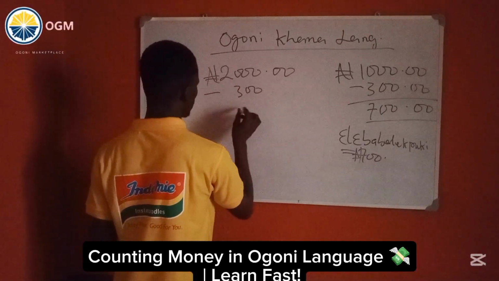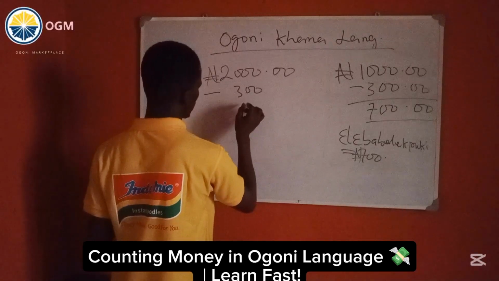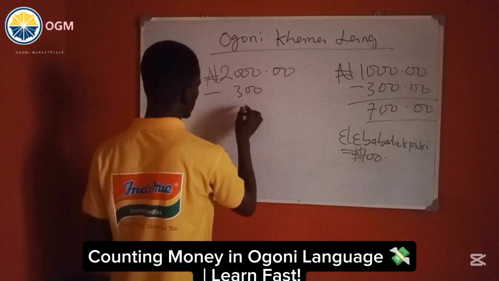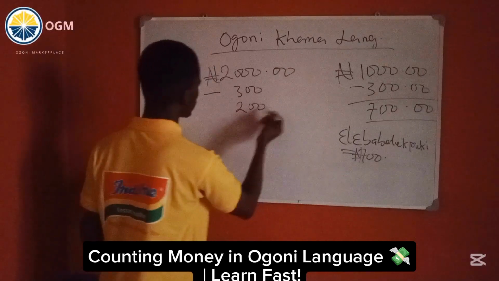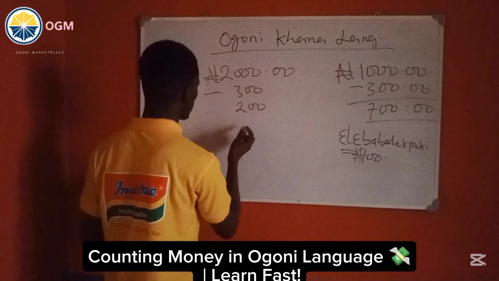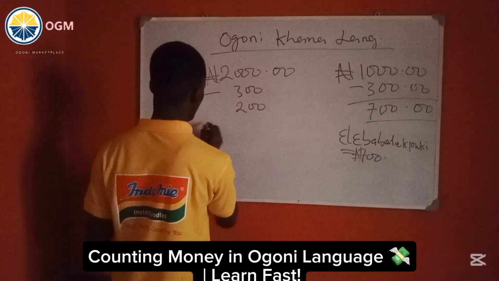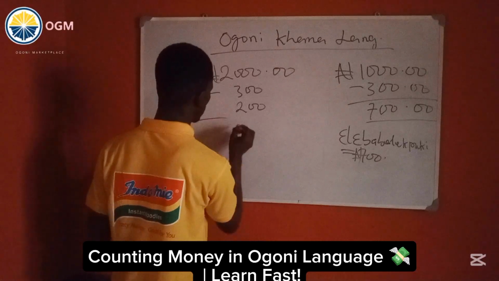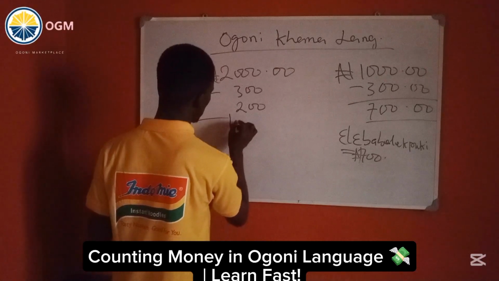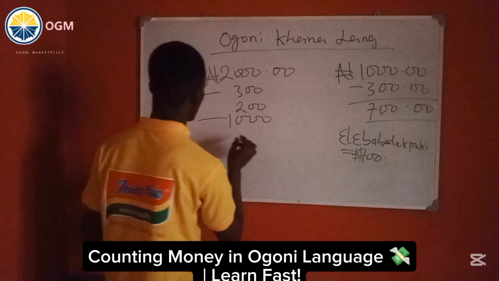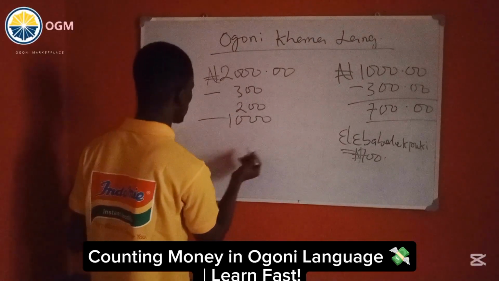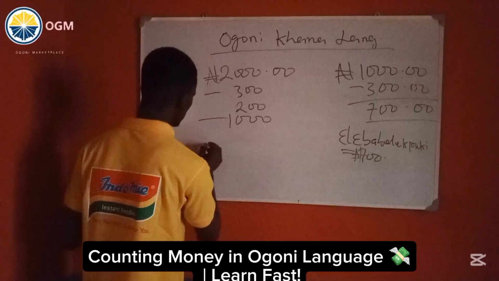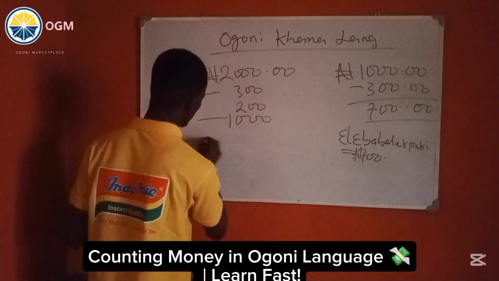You get another stuff of 300. You get maybe pepper of 200. That is 500. Then you get another stuff of maybe 1,000, and on your way home, you get something of 300 as well. This is still minus 300.